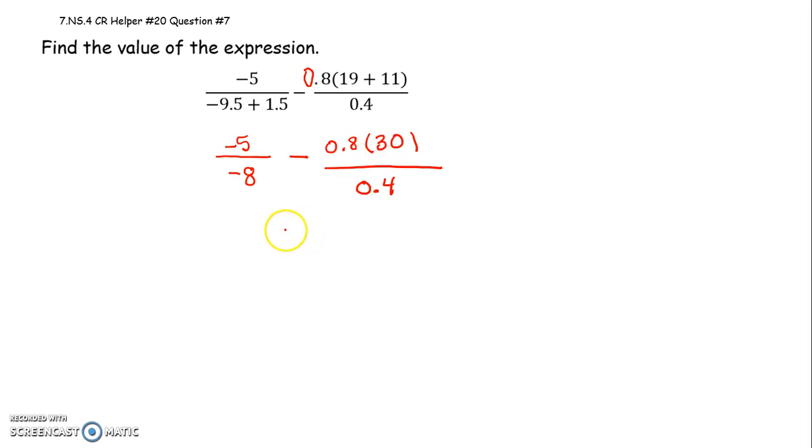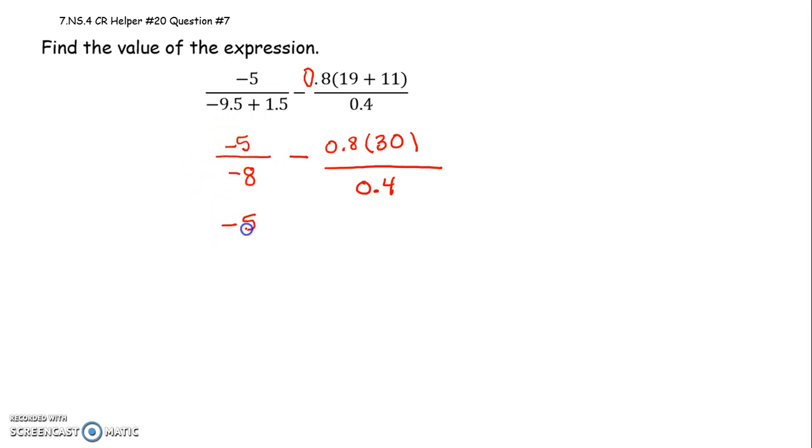But you do need to show all these steps following your order of operations. We're going to get a single value within parentheses first. We're going to get simplified values in all numerators and denominators. So here I have -5 over -8.